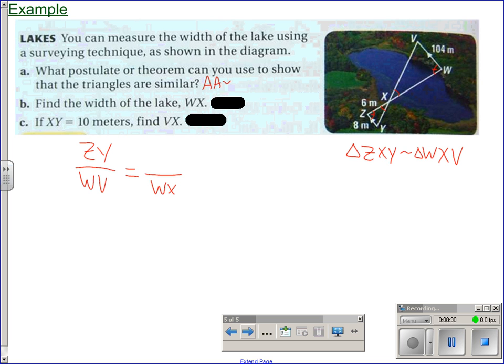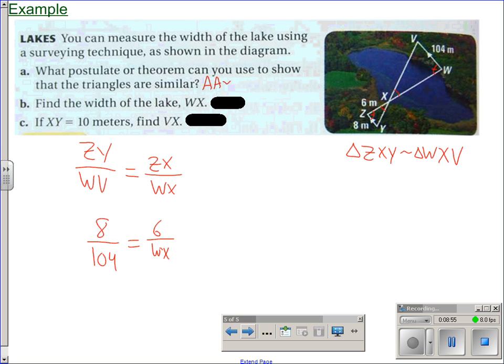It corresponds to ZX. So, because the triangles are similar, we know these two ratios are going to be equal to each other. ZY is 8. WV is 104. It will equal ZX, which is 6. WX is what we're looking for.